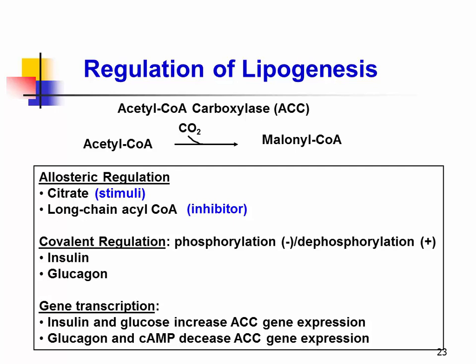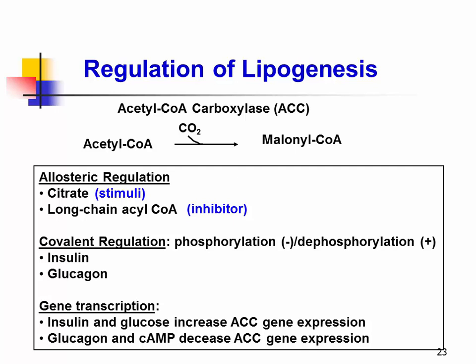For the allosteric regulation, citrate and long-chain acyl-CoA are the 2 important regulators, and these 2 substrates regulate in opposite ways. For example, citrate stimulates lipogenesis, which is reasonable, right?